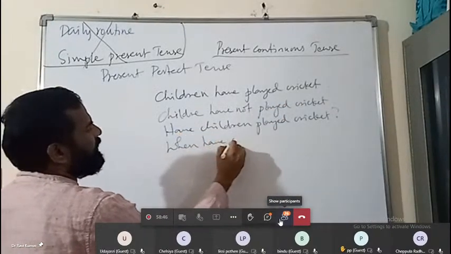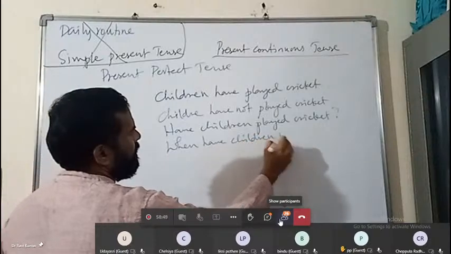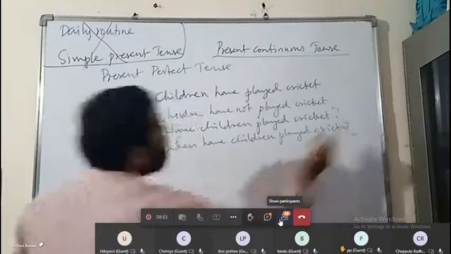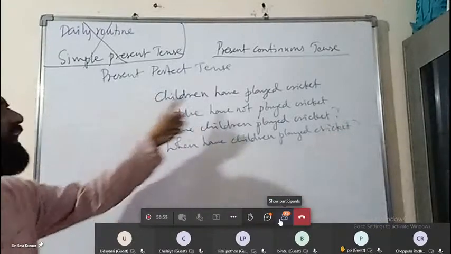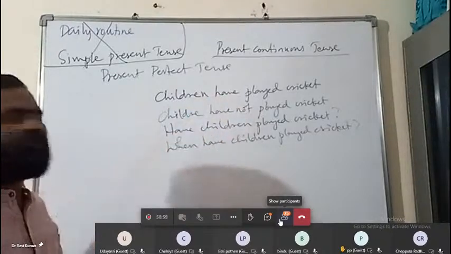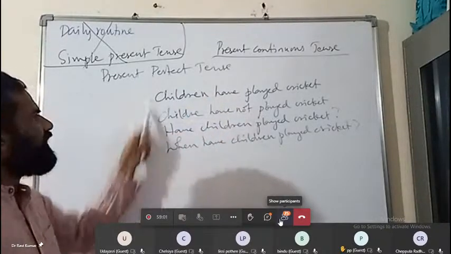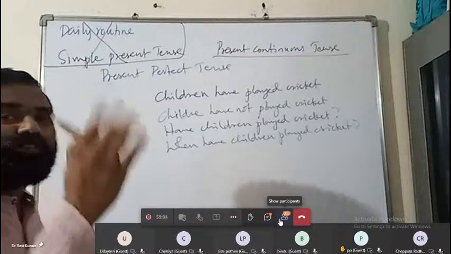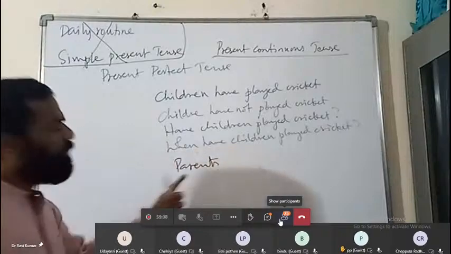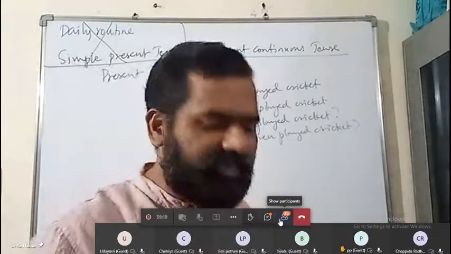Have children played cricket? So this is also a plural subject, and we have the helping verb have. Take it down, and I want you to write 4 sentences with the parents. Please write 4 sentences with the parents.